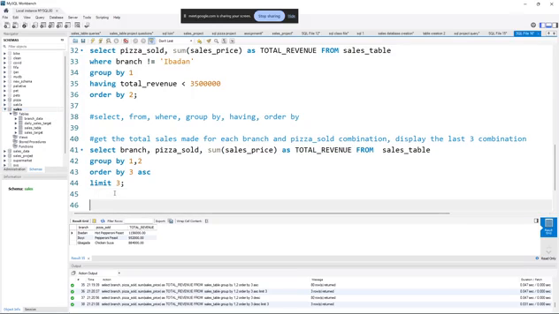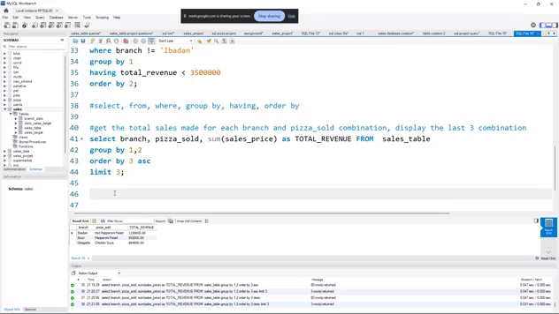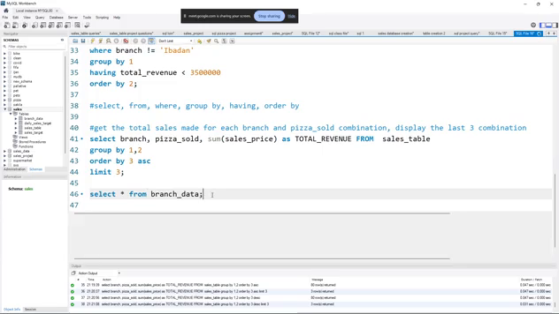You guys don't have it, but I will send the script for you to get your branch data. Select star from branch data.